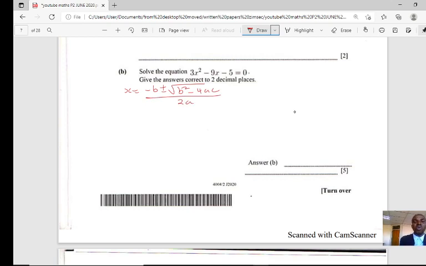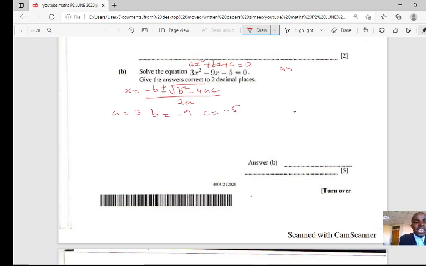And the general form of a quadratic equation is ax squared plus bx plus c is equal to 0, which means a is the coefficient of x squared, b is the coefficient of x, and c is a constant, a term that is independent of x. So in this case you can list a is equal to 3, b is equal to minus 9, c is equal to minus 5.